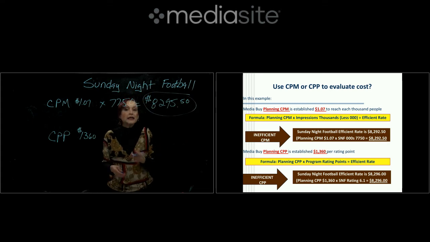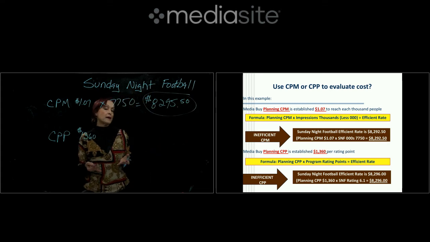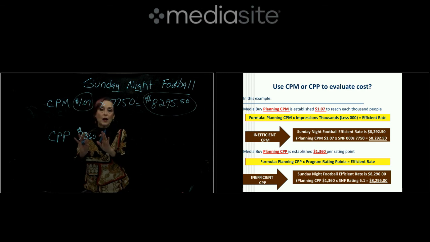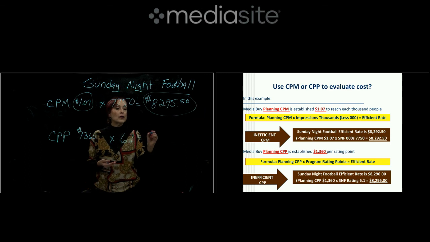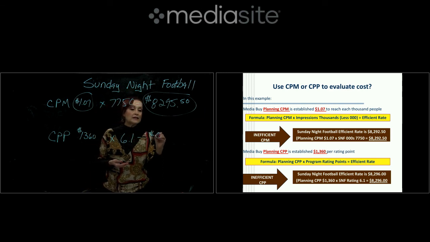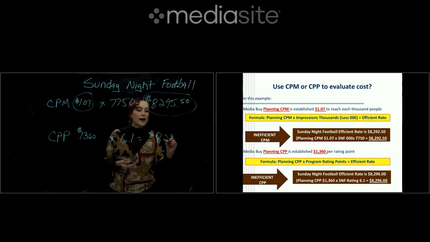On the other hand, if you use the media buy planning cost per point of $1,360 per rating point, then you calculate the planning cost per point of 1,360 times the rating that it delivers, which is 6.1. So here, the rate is $8,296.